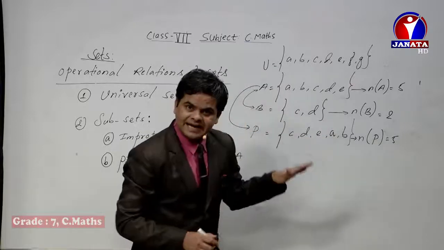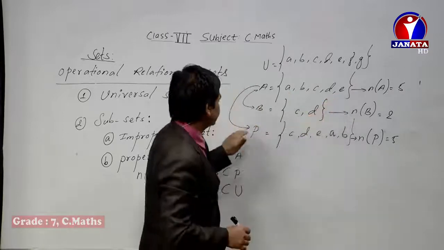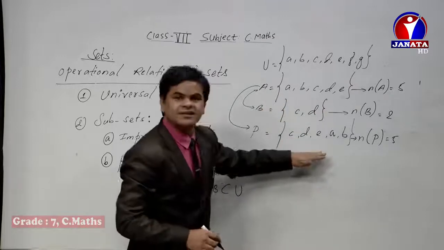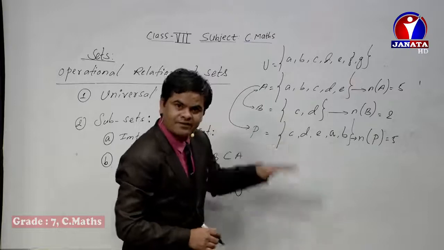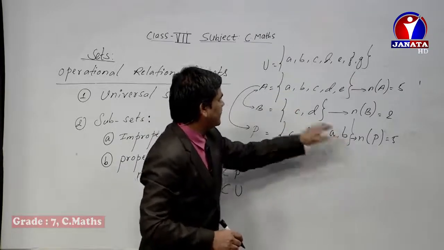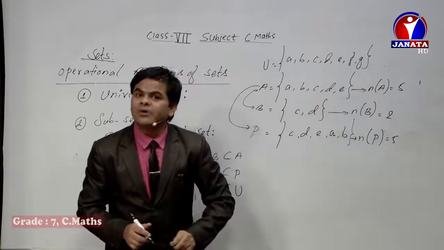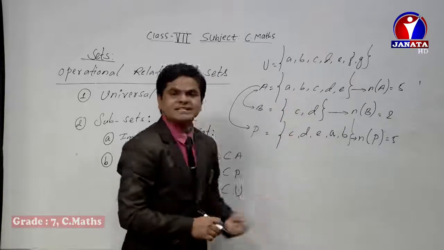Moreover, if you look at the elements in set A and the elements in set P, although the position is altered or may differ, A is there, B also is there, C is there, D is there, and E is there. There are no more elements in set A that are not in set P.